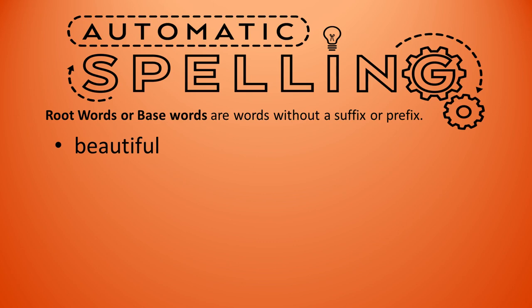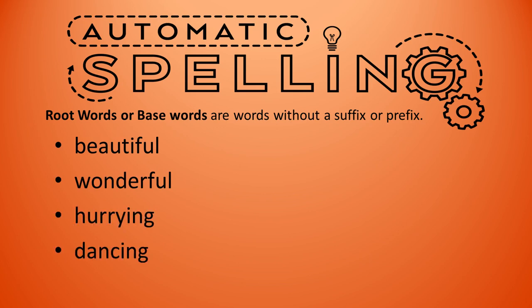You are all very good at spelling the word beautiful, right? But we want to go back to the root or back to the base. Okay, and I've got some other words, so let's look at them. Wonderful, hurrying, dancing, and flatter.